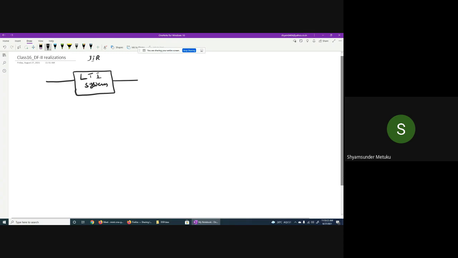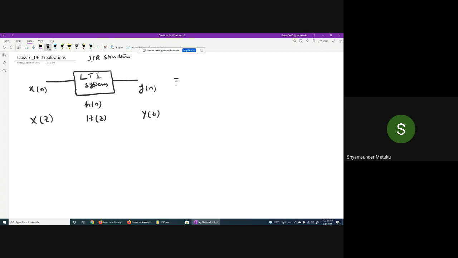So the input is represented by X of n, the output by Y of n, and the LTI system by H of n. In the Z domain, we write X of Z, H of Z, and Y of Z.